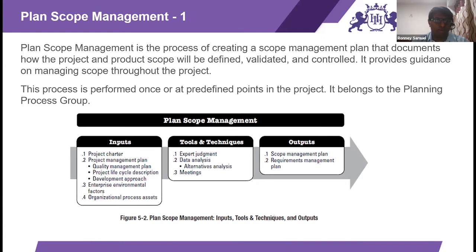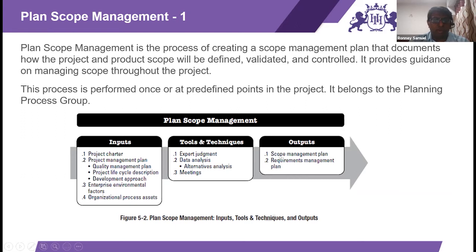and controlled. So anytime someone asks a question, what should I do with this plan, how to validate a scope, how to control a scope, all this should be answered in your scope management plan, which is an output of plan scope management.